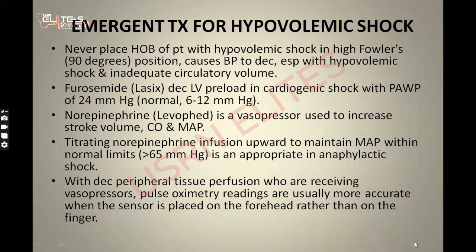So when you put patients in high Fowler's position, you are further reducing venous returns to the heart, and that further causes a decrease in blood pressure. That is why you see it at places that whenever you have hypovolemic shock or low blood pressure, you have to put patients in the Trendelenburg position.